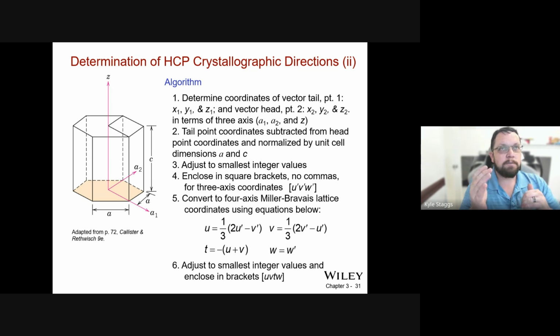You subtract the tail from the head, and then you kind of work your way backwards. Each of these steps is fairly important. We use a transform here for calculating our u, v, t, and w based on the u prime, v prime, w prime that we get from our square brackets, and we end up with u, v, t, and w in our enclosed brackets.